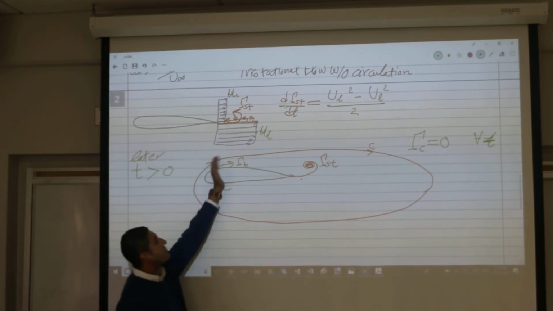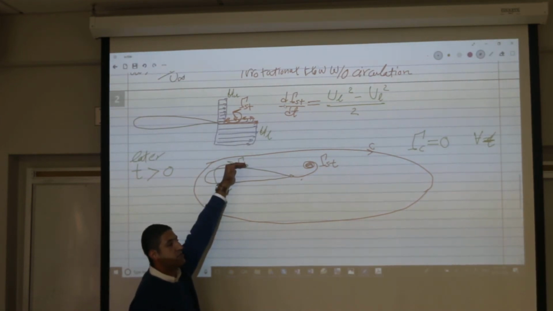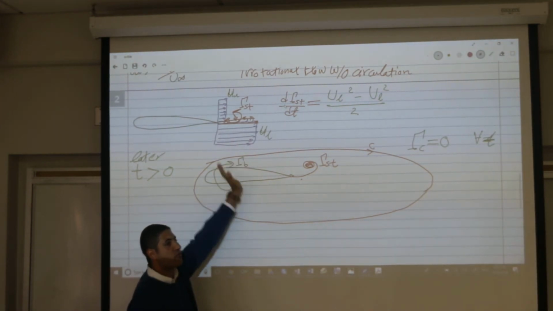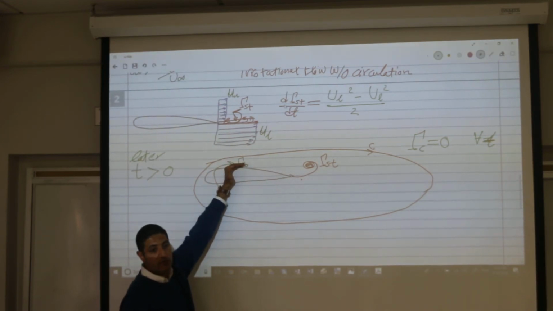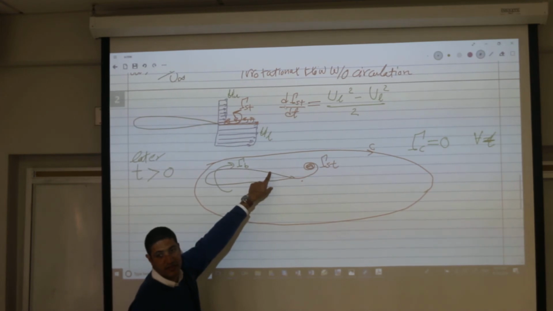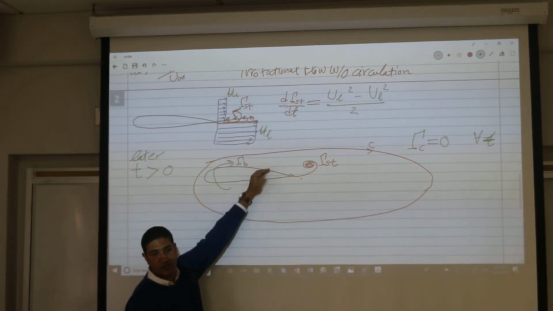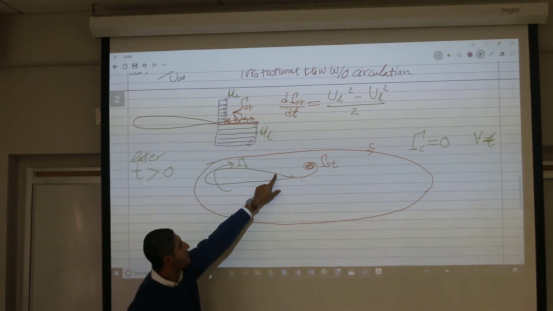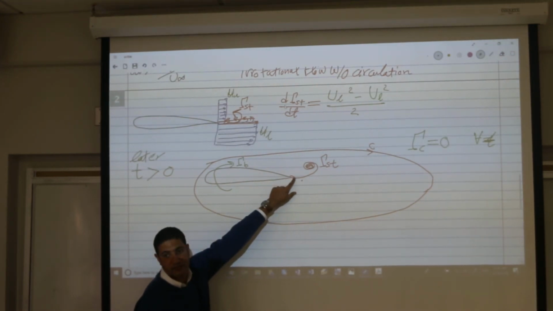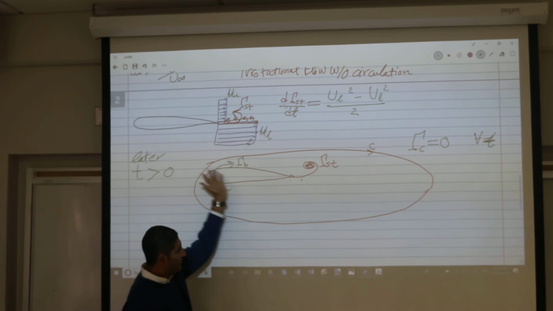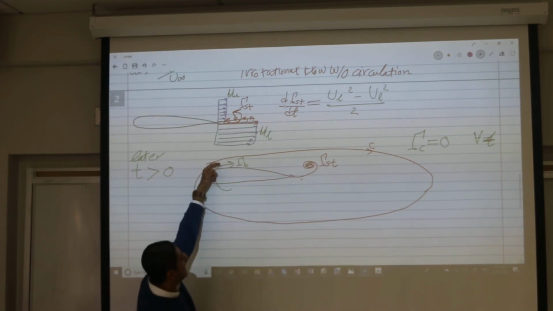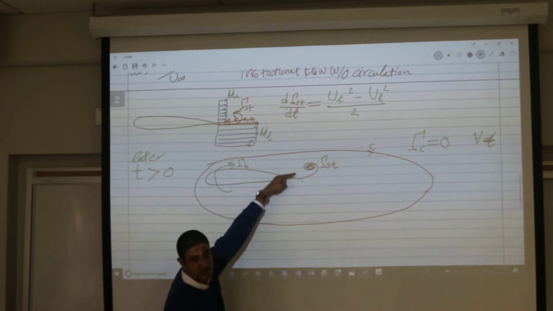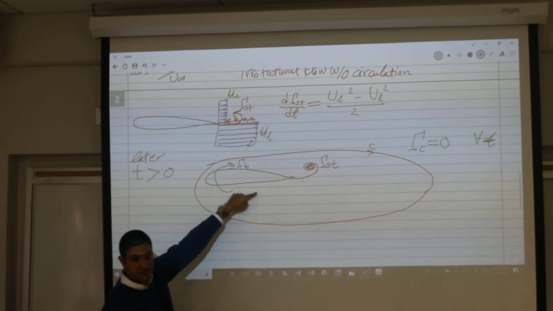Now you have a circulation. You don't have an irrotational flow without circulation anymore. Do you remember what circulation does to your stagnation point? My stagnation point was here at the beginning. If you add a circulation, what happens to it? It moves, right? And if it's strong enough, it will go to the trailing edge. In other words, this circulation accelerates the flow on the upper surface and decelerates the flow on the lower surface.